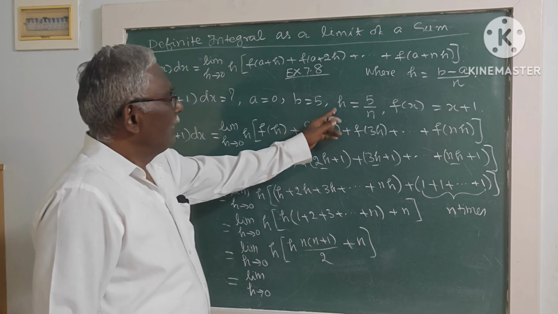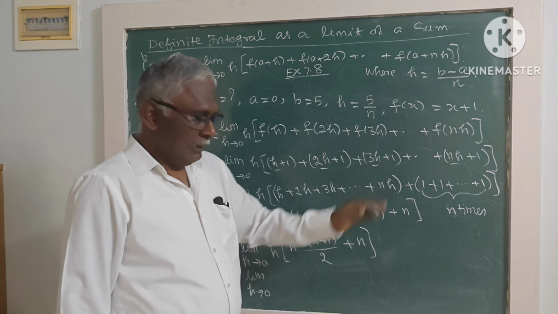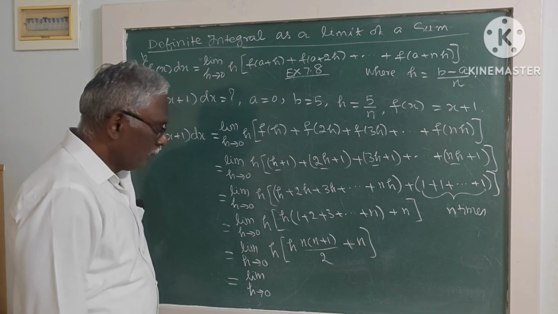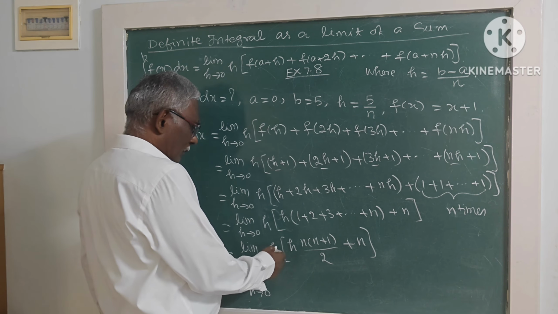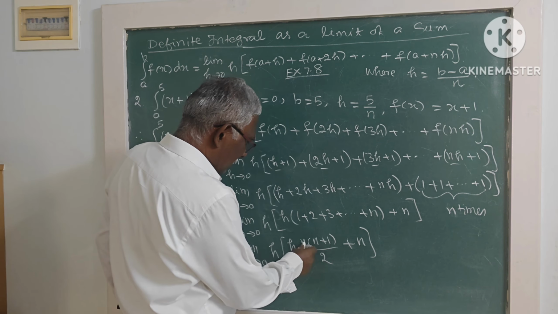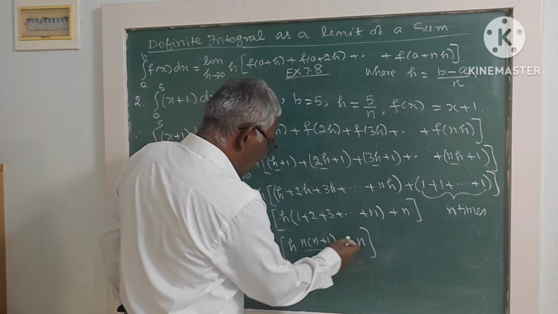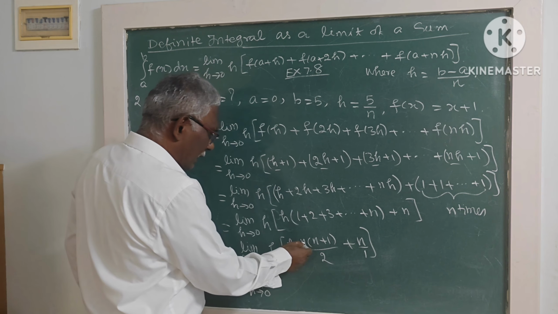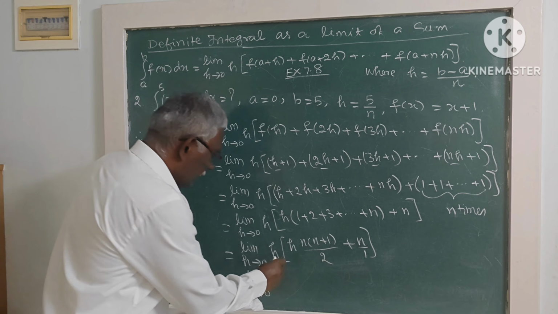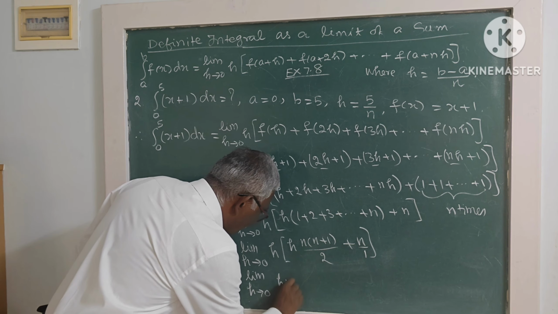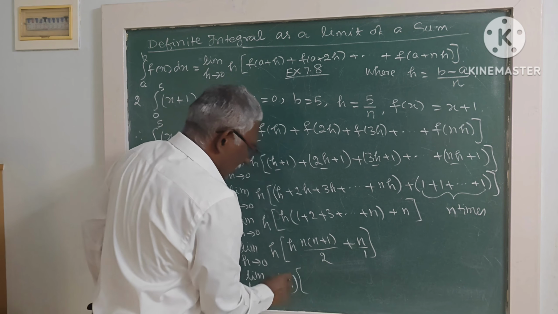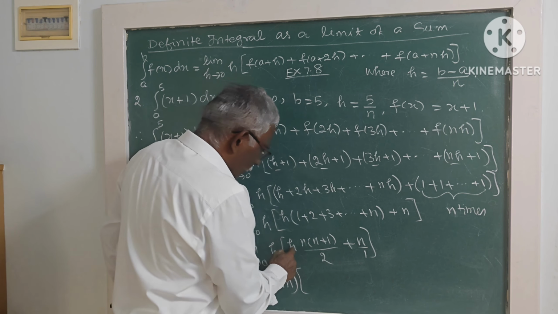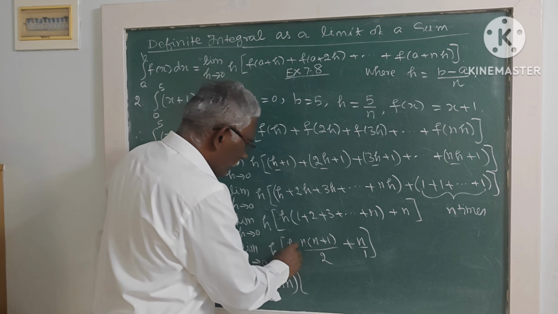We know that nh is 5, so wherever possible, bring nh. Here one n is there, here one n is there. Take it outside, so hn. If I take n outside, only h into (n plus 1) will come.